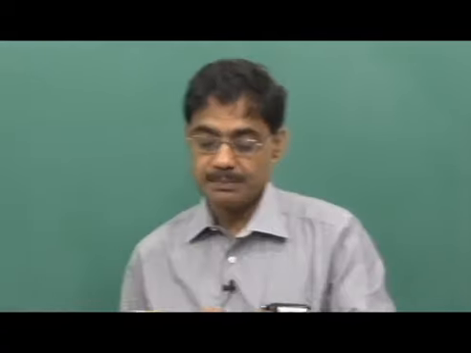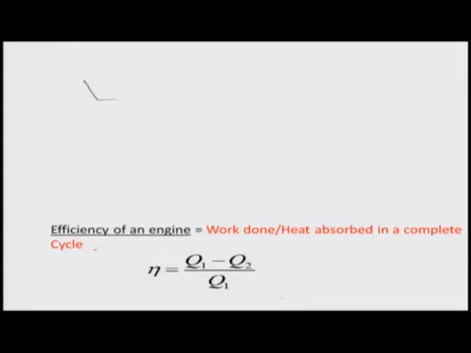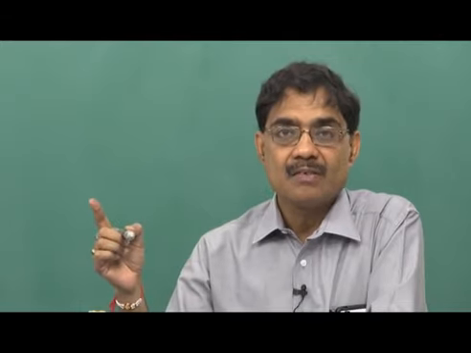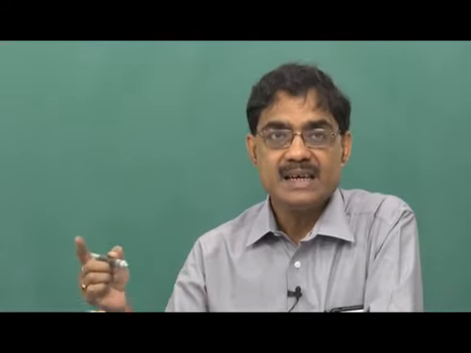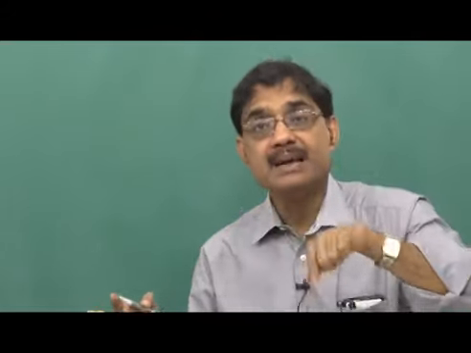So, let us do it pictorially. Let us say this is my hot reservoir T1, this is my cold reservoir T2, this is my working substance, and it goes in a cycle. It goes in a cycle means, again I am saying, the initial values of thermodynamic parameters are P, V, T. After a closed loop, the values are again P, V, T, and it goes over many cycles.